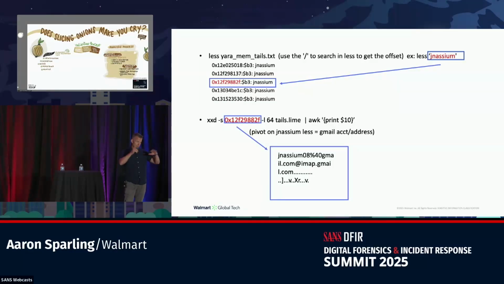But instead of giving me everything, since I didn't care about the hex and just wanted the ASCII output, I piped it to awk. I knew it was the 10th line, so I used awk to show me the ASCII output. What I ultimately got here is Gymnasium's email address. That's great, now I have a Gmail address, something I could pass off so you could start doing legal process on that Gmail address, or use for other things.